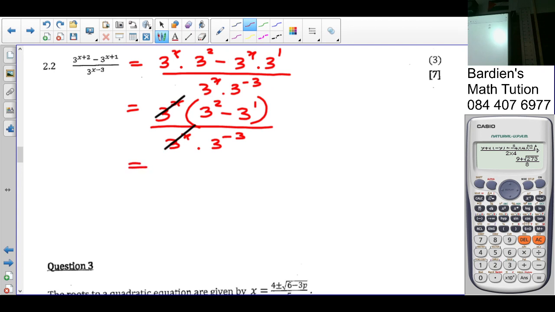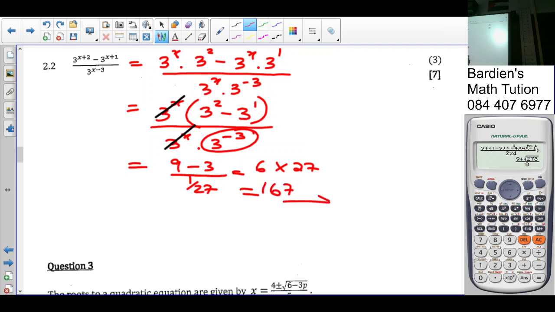So 3 squared is 9 minus 3 over 1 over 27. 9 minus 3 is 6. Divided by, which becomes multiplied by 27 over 1, which is 162. Okay.